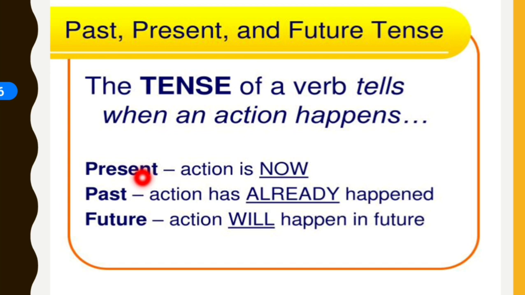If the sentence is in past tense, that means the action has already happened. And if the sentence is in future tense, that would mean the action will happen in future, that means the time that is yet to come.